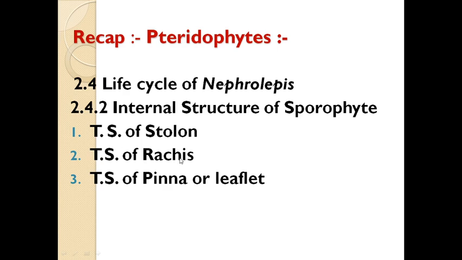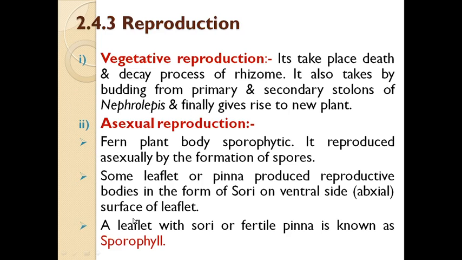Then TS of rachis shows the meristele, and TS of pinna has an upper and lower epidermis. Then below the lower epidermis there is a placenta, and on that placenta there is an arrangement of sporangia, and below that a single layer of indusium is present. All these points we already covered in our previous lecture.